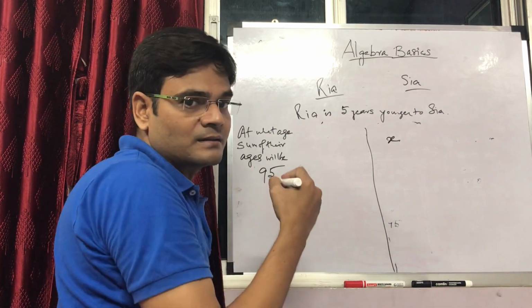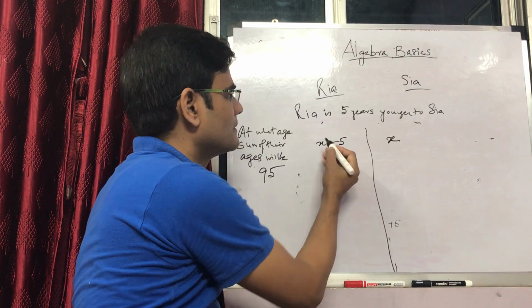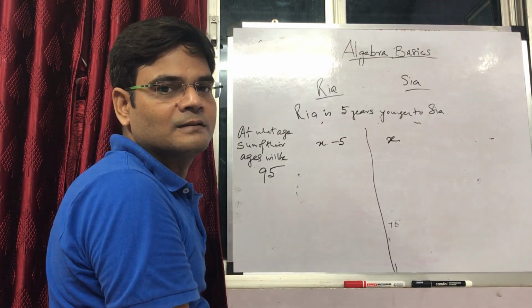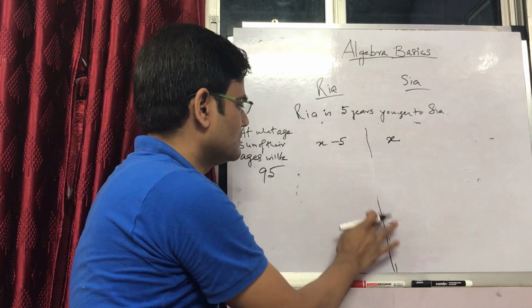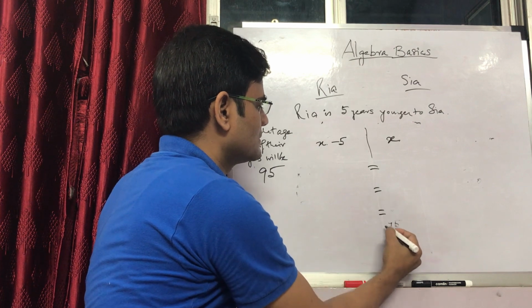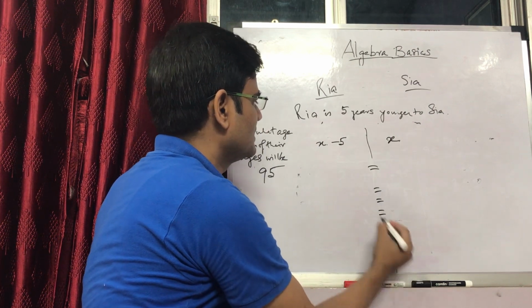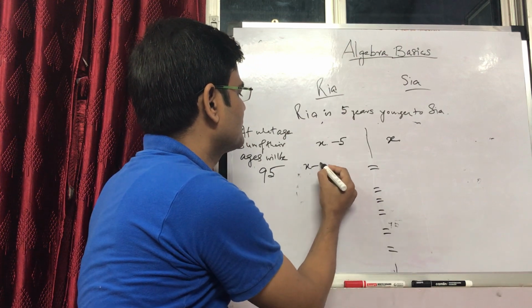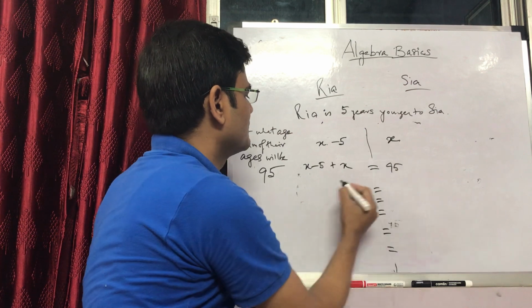Younger means lesser, right? Lesser is minus 5. Add them, equals to 95. This remains constant. So x minus 5 plus x is 95 years.